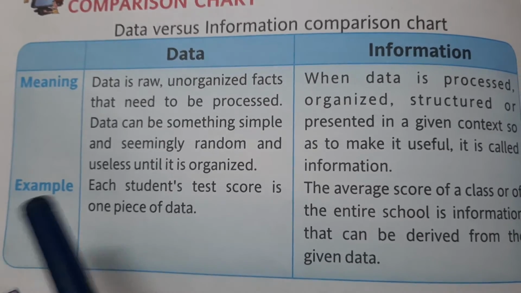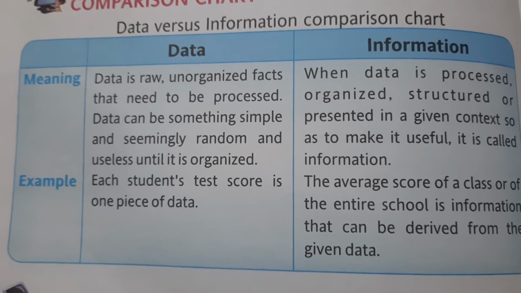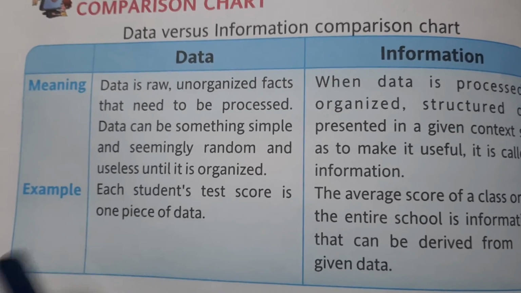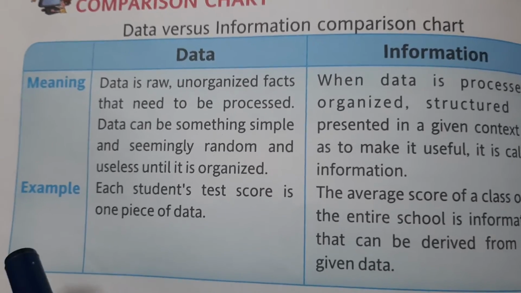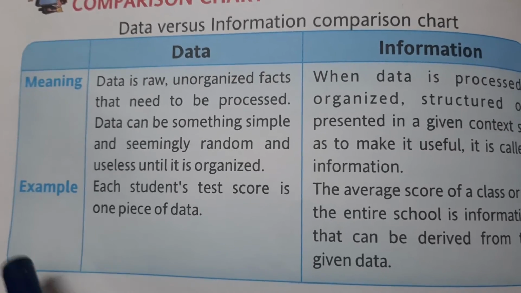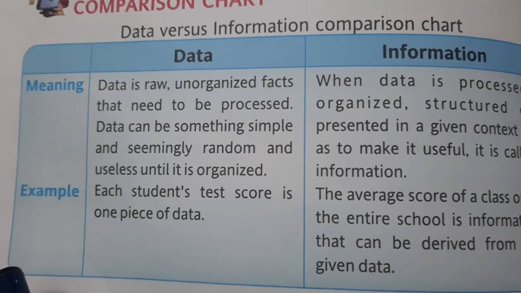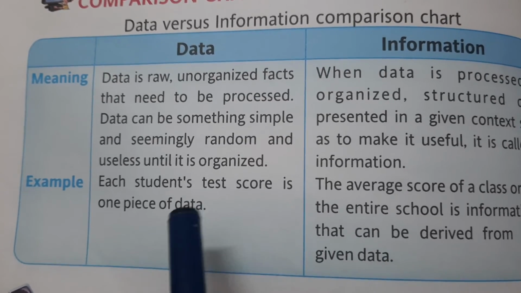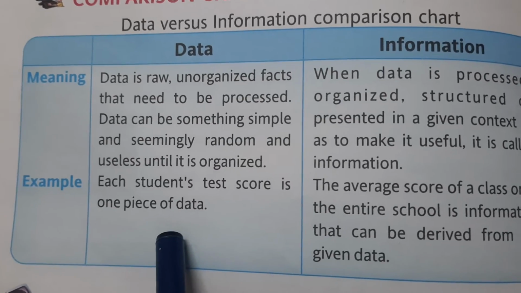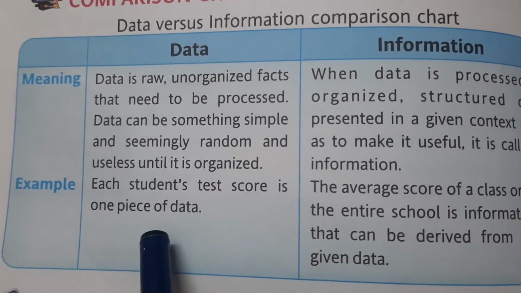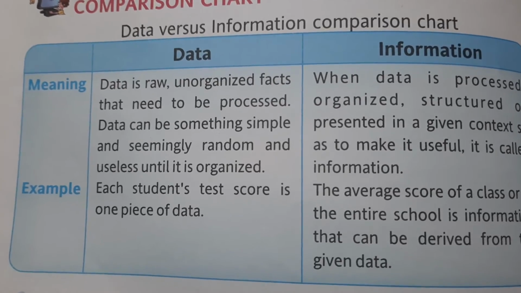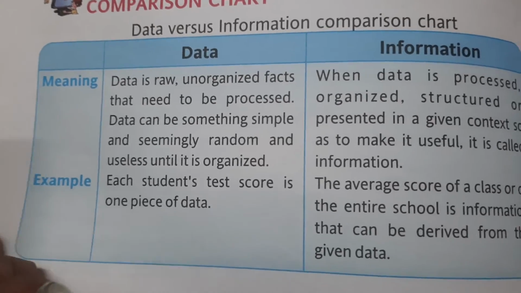Suppose in a register I write down the details of 20 students in random order, you will feel it is kind of useless. But when I put them in a structured, organized order, then you will get to know how useful it is. For example, each student's test score is one piece of data. As I told you, during the report card your teacher is using raw data to present meaningful information.